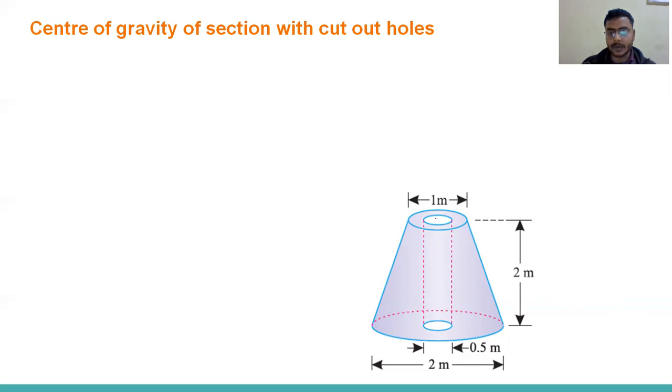There is a top diameter of 1 meter and a bottom diameter of 2 meter, and there is also a central hole of 0.5 diameter. So how can we calculate the center of gravity for the remaining figure?